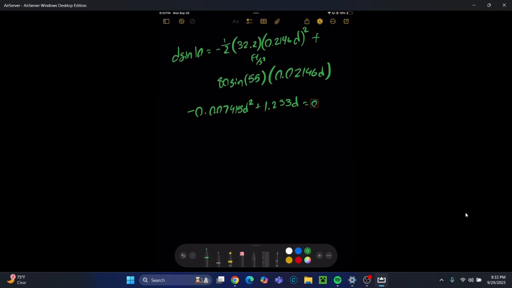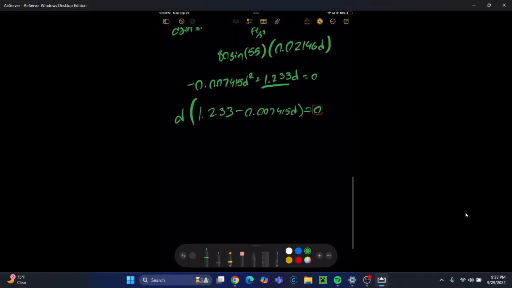Simplifying this out, we can take d out on both sides. So we have d, and then we can make this the dominant one. So 1.233 minus 0.007415d equals 0.